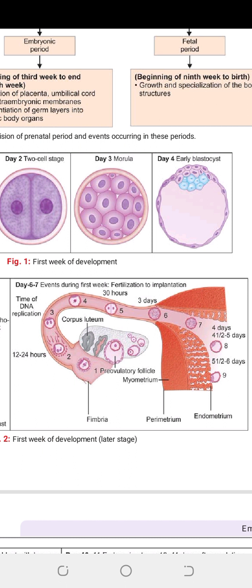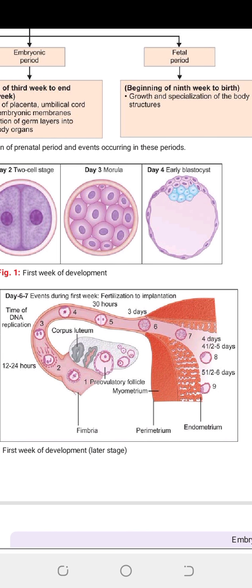The blastocyst then converts into inner cell mass and trophoblast, and then the blastocyst loses its zona pellucida and attaches to the uterine wall.